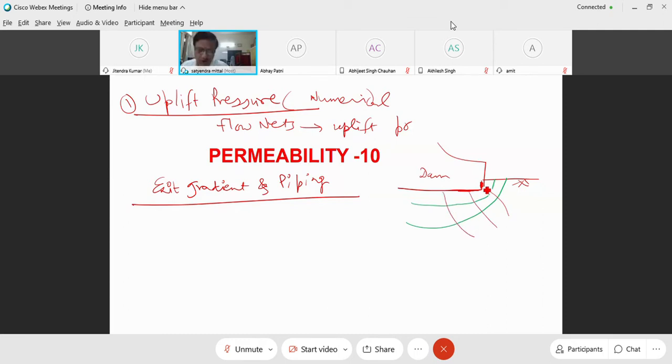This is the last field, the last area between the equipotential line and the flow lines.